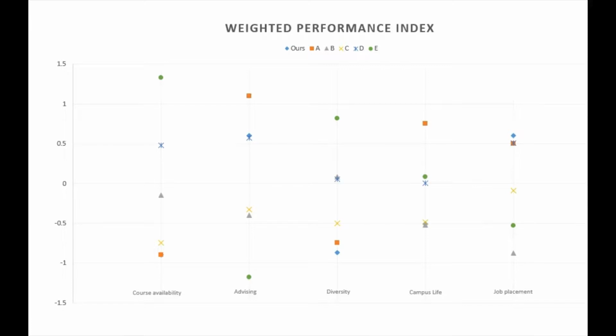For example, I can see the X, which is College C, and it has almost all of its scores below 0. But where's our college, the blue diamond? It's evident in some columns, but not in others. So in this case, interesting is not effective.